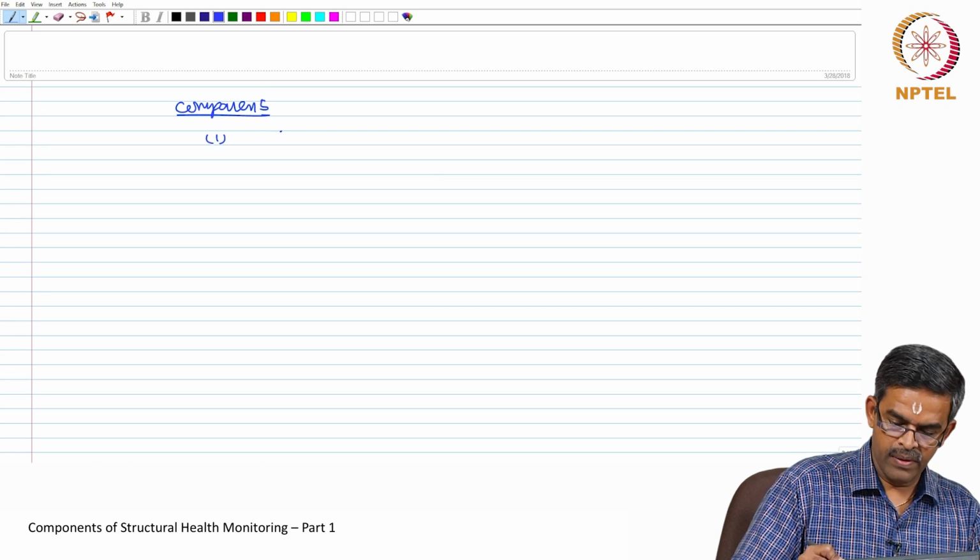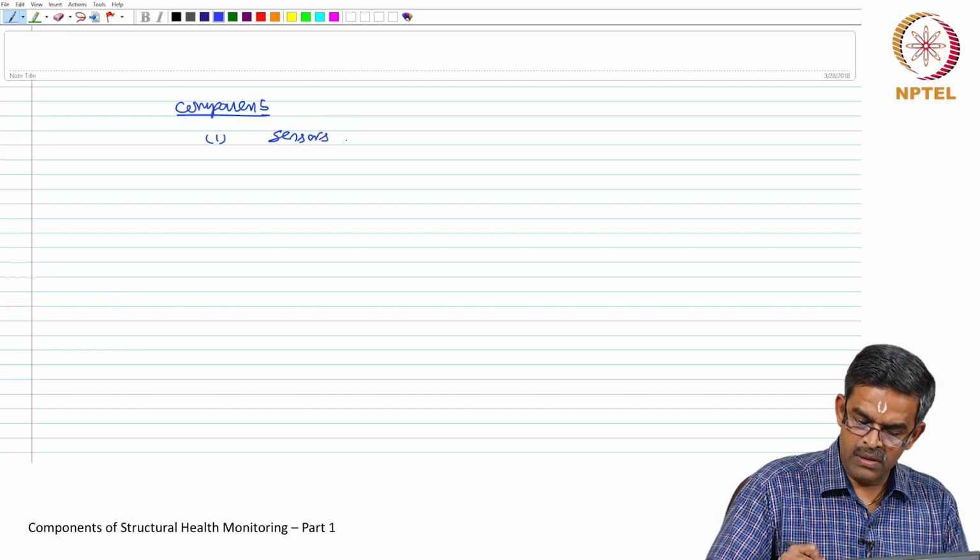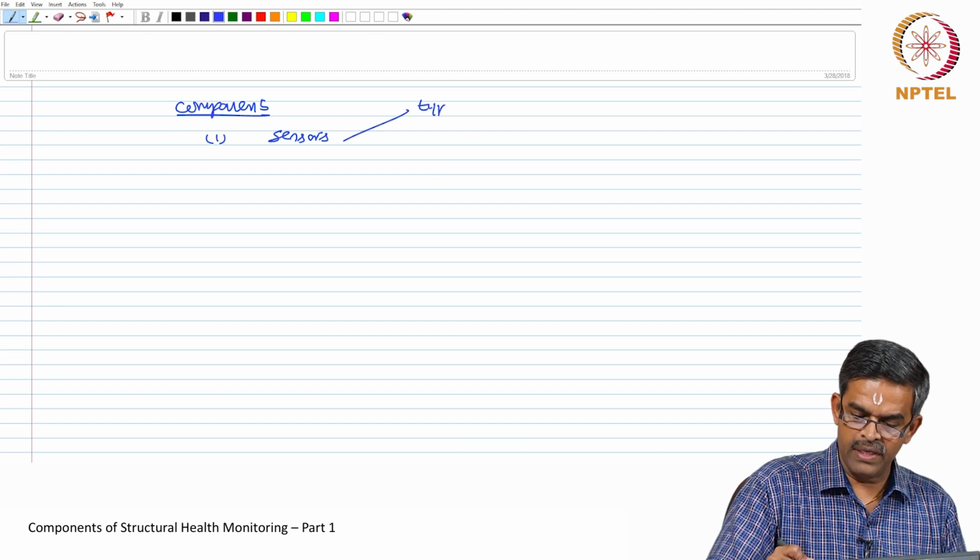So, the vital components can be the sensors. These again have different varieties of sensors.